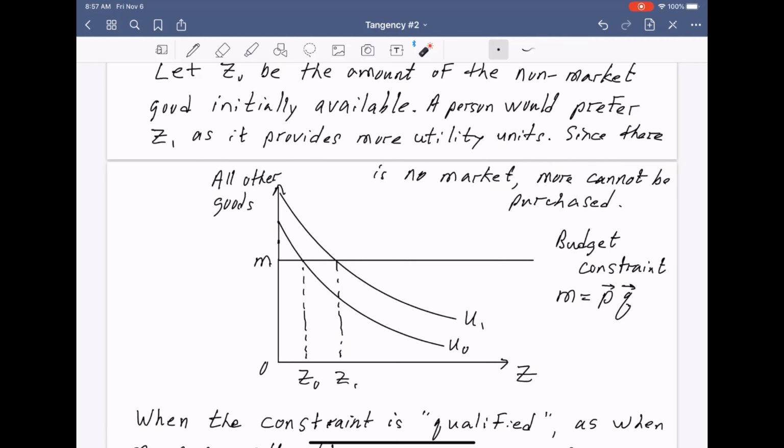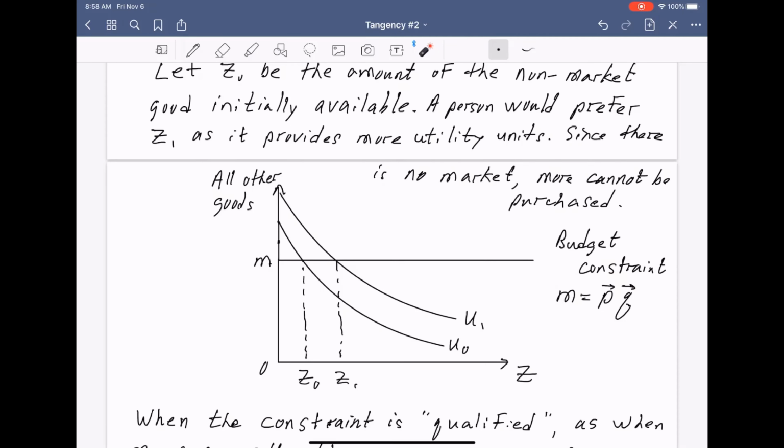So consider this. We have a good that's not traded in the marketplace, Z, and we have all other goods represented up here. This would be like a Q1, and this would then be the Q2 up here. And our budget constraint is simply this horizontal line at M, where M is the amount of prices times goods that we have.